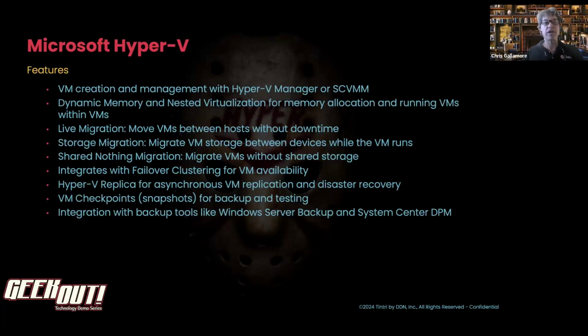So some of the feature sets, and I'm sort of starting to prepare you for comparing this with VMware. Everything you can pretty much do in VMware, you can do in Microsoft. So there's live migration, there's storage live migration. There's asynchronous and synchronous replication for disaster recovery, checkpoints, or the snapshots, you can use those. It's a lot easier to use storage-based snapshots, just like it is with VMware, but all your basic feature sets are very similar.